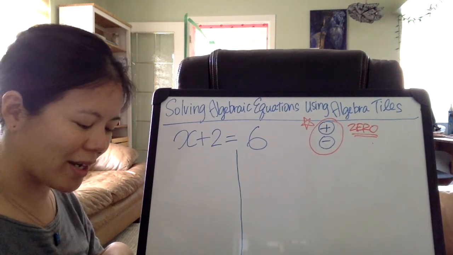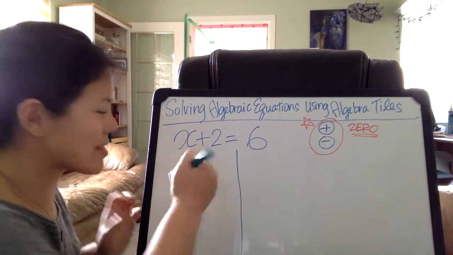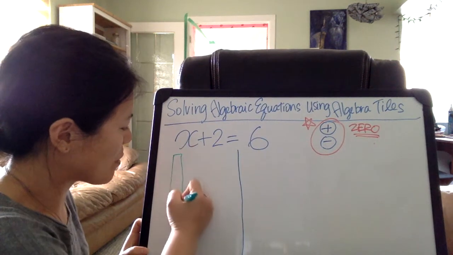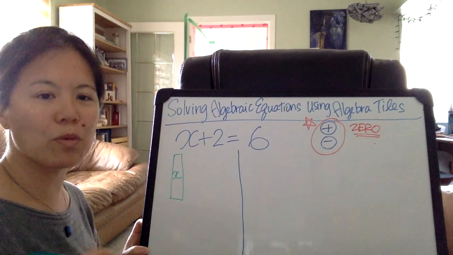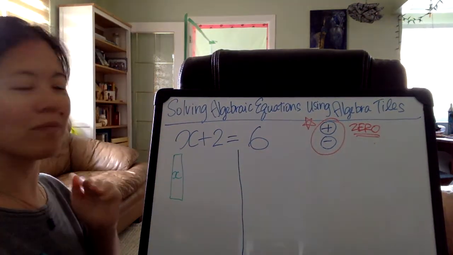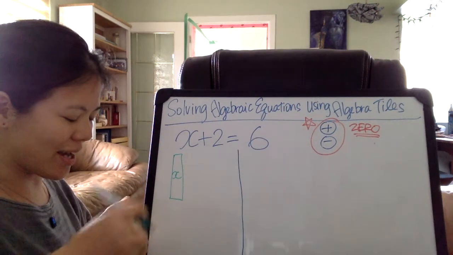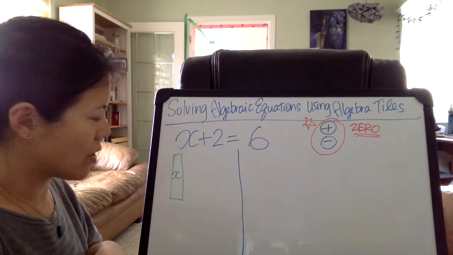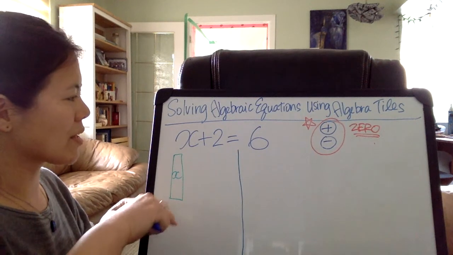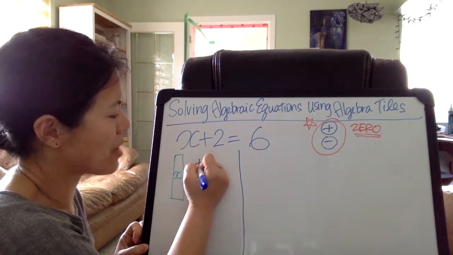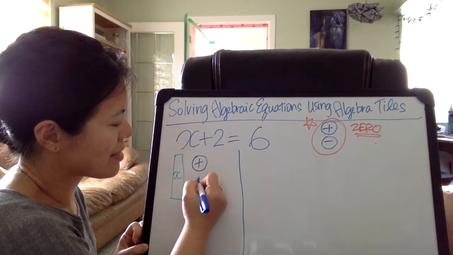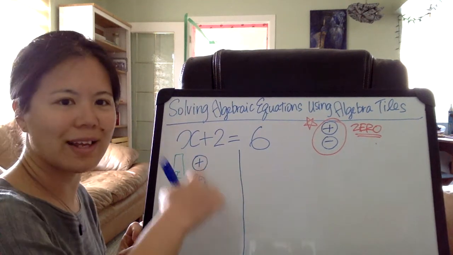So what can I do? We're going to use this little big square to represent the variable x, and we will use the +2 just like integer tiles.